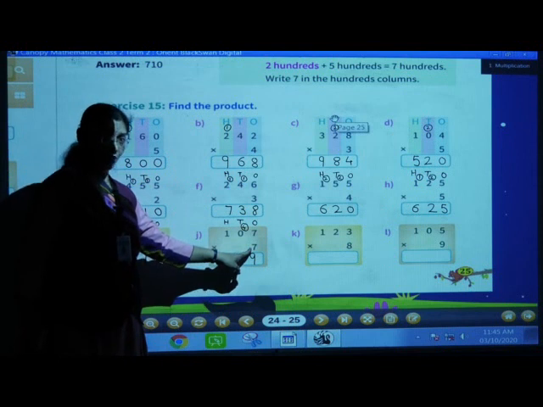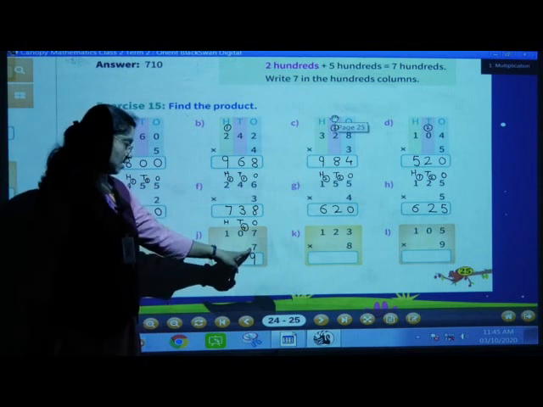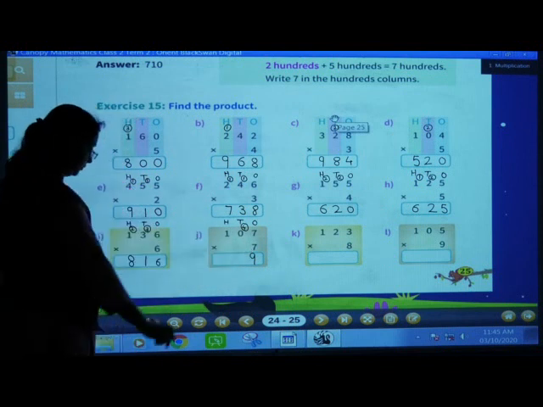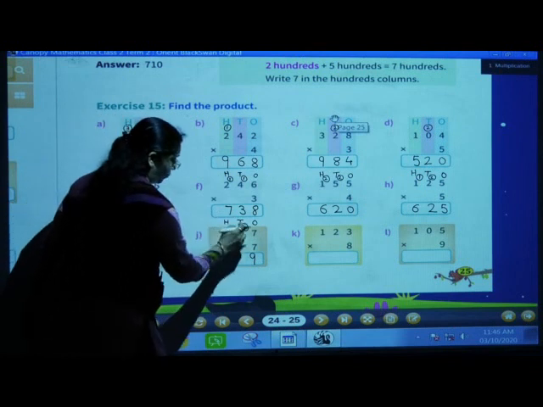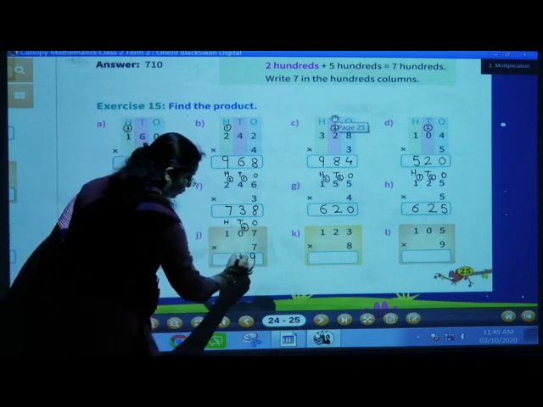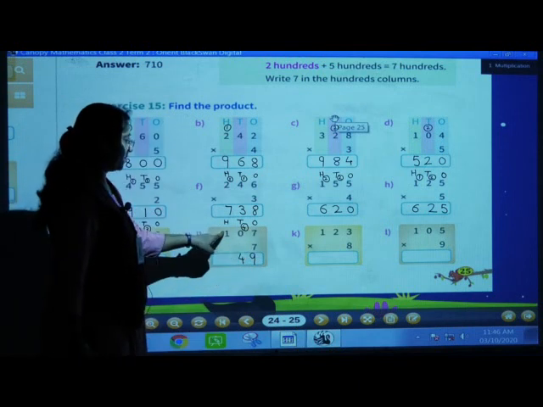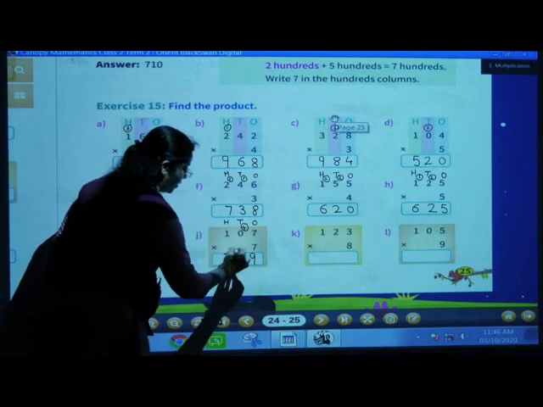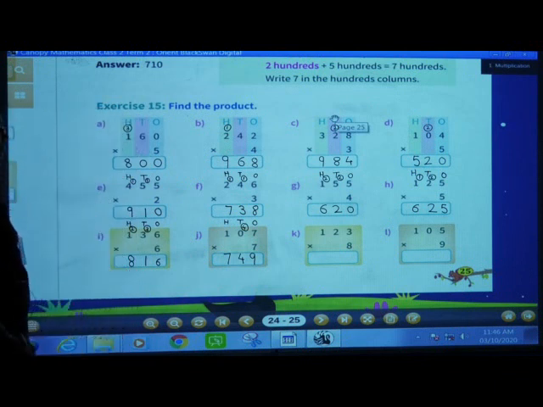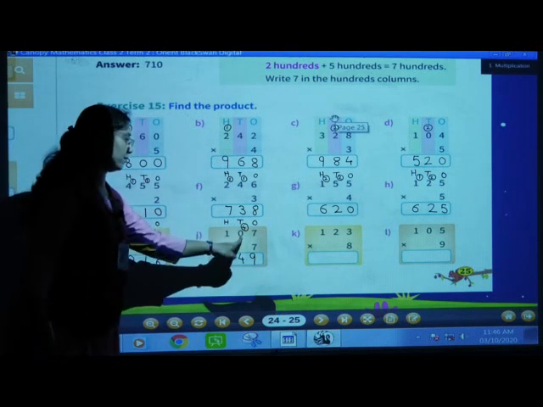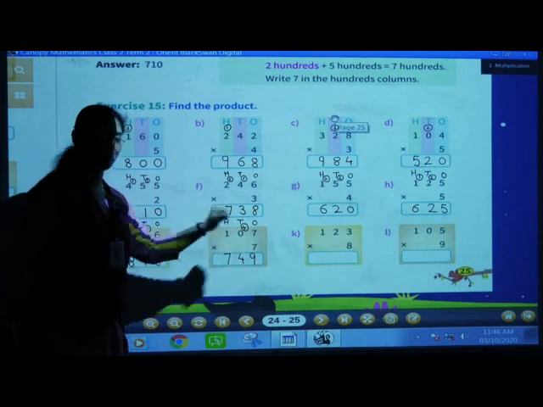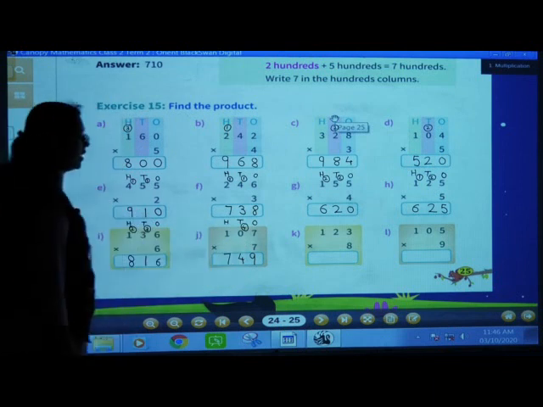What is the answer? Correct, 0. And this 0 we have to add this 4. 0 plus 4, 4. 7 ones are 7. Means 749 is the product of 107 and this 7.